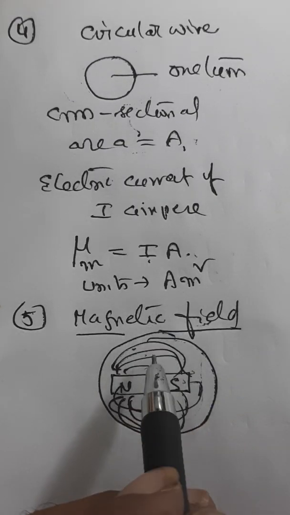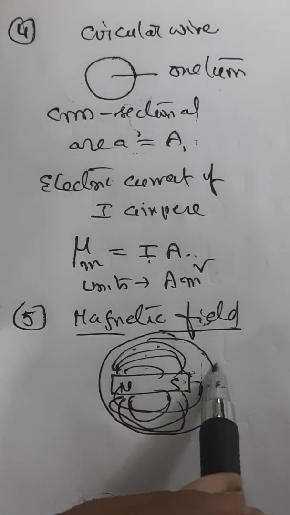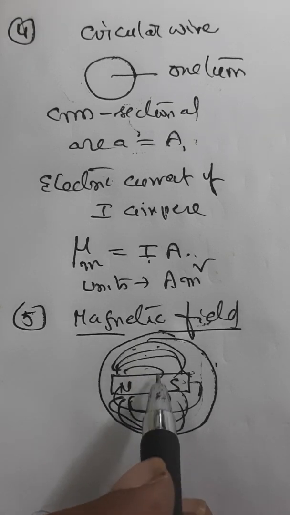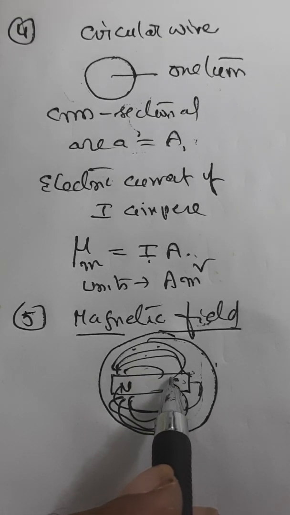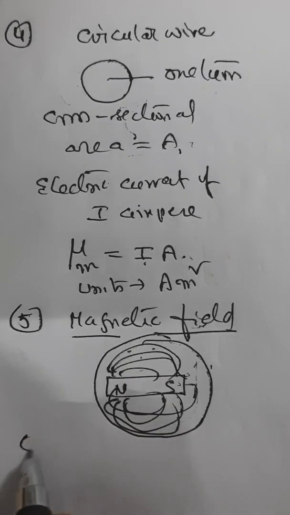So the magnetic field is nothing but the space surrounding the magnet, up to which the attracting influence is felt.